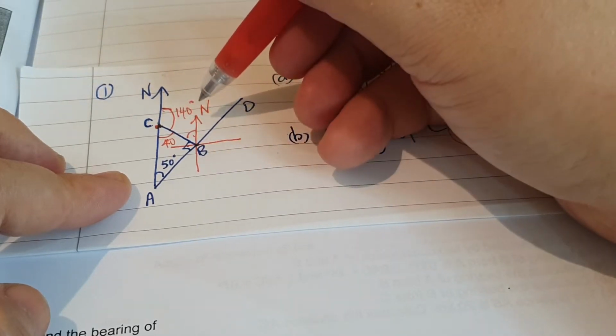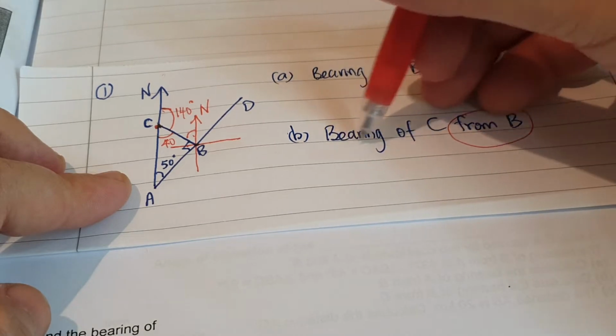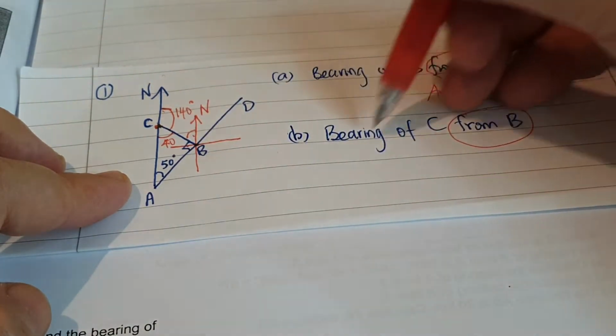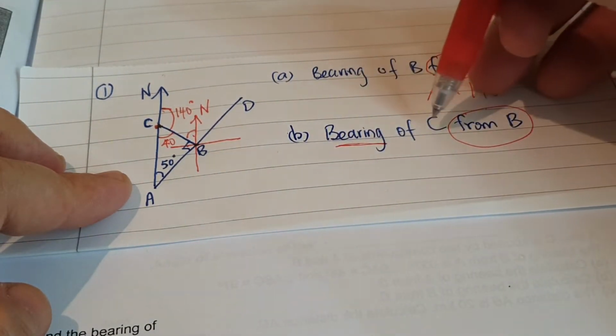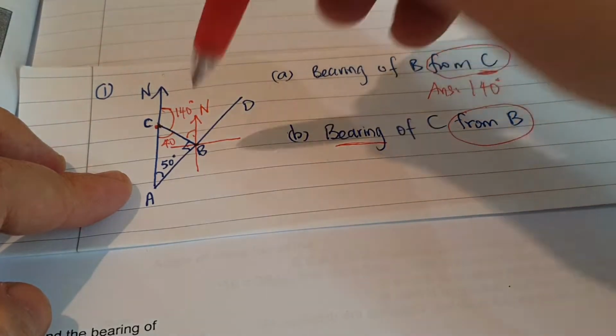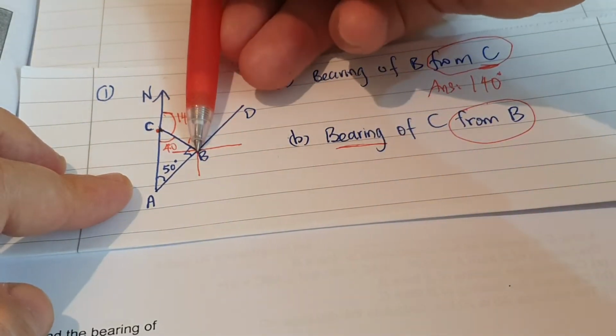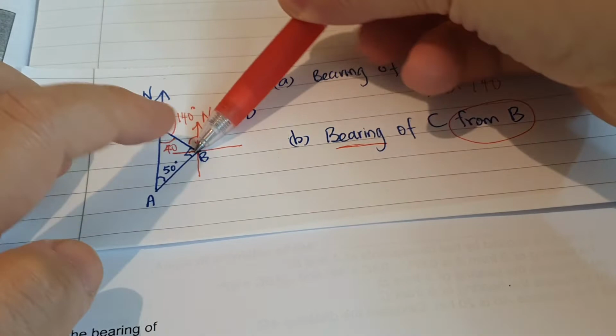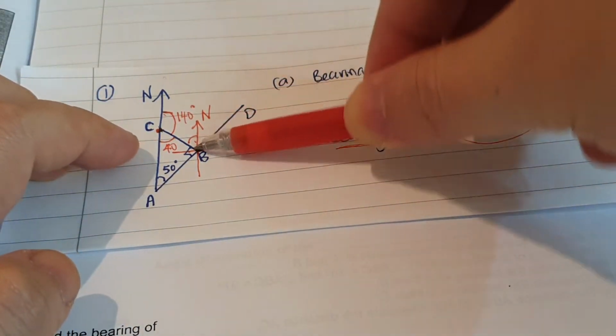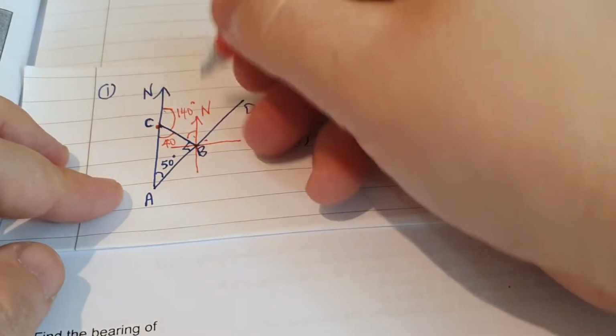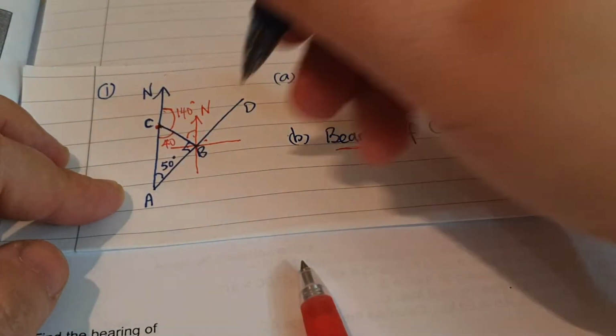Okay, so firstly, let us try and label the bearing, the angle. C from B. You stand at B, you look north, you turn until you see the C, which is all the way up to here. So don't you agree that the angle is this?